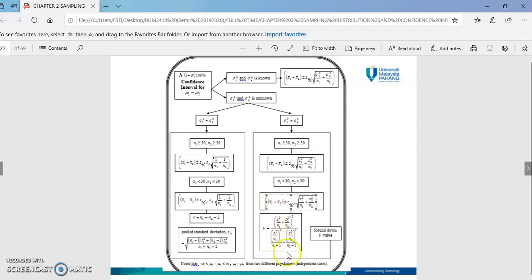So use that 14. After you get your nu, let's say 14, match it with the probability value and you can find it in your statistical table. After this we go to the example.